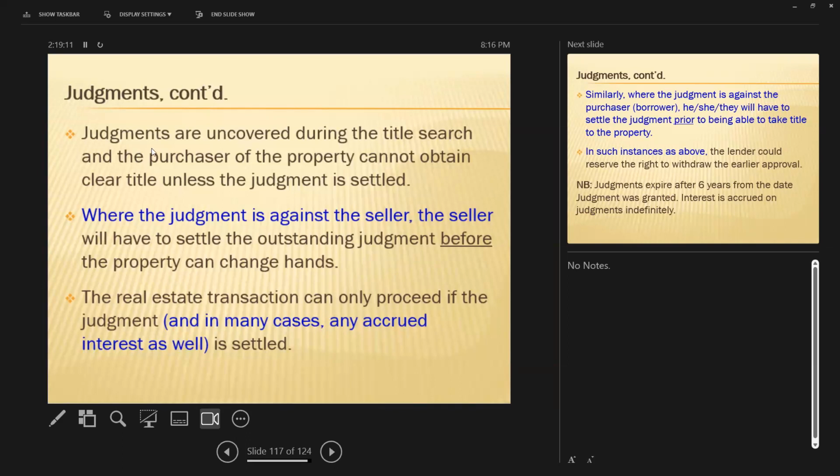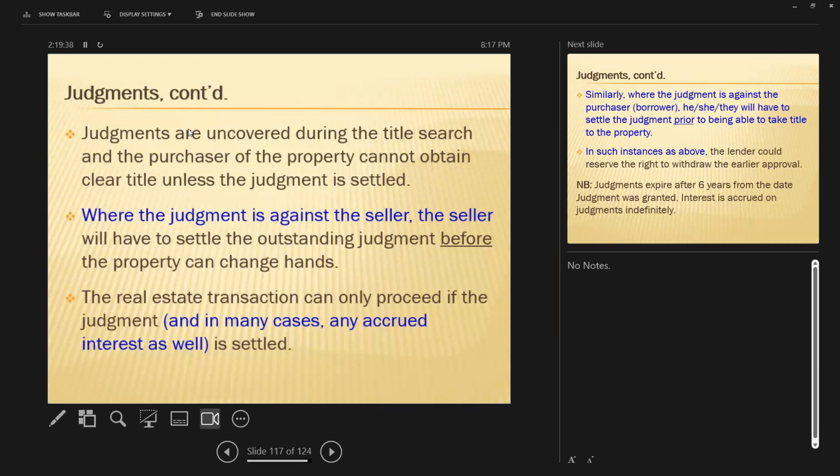So judgments are uncovered during the title search, and the purchaser of the property cannot obtain title unless the judgment is settled. If they come across a judgment, that sale cannot proceed until the judgment is settled.